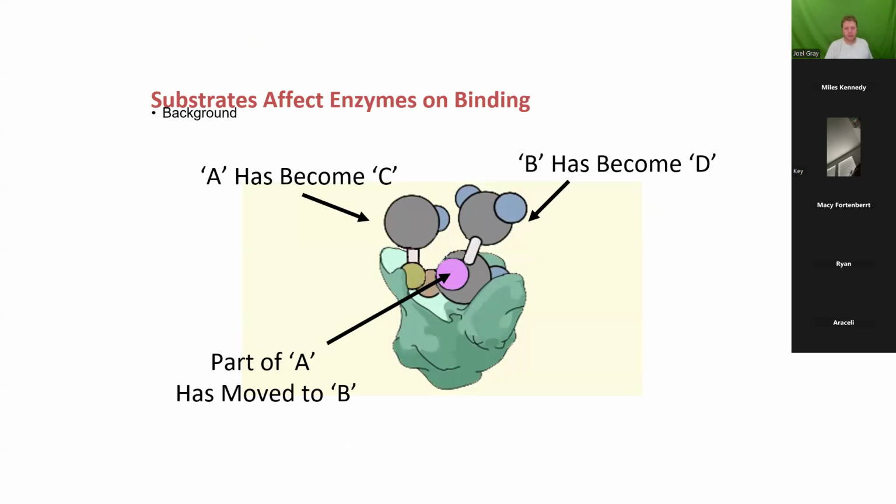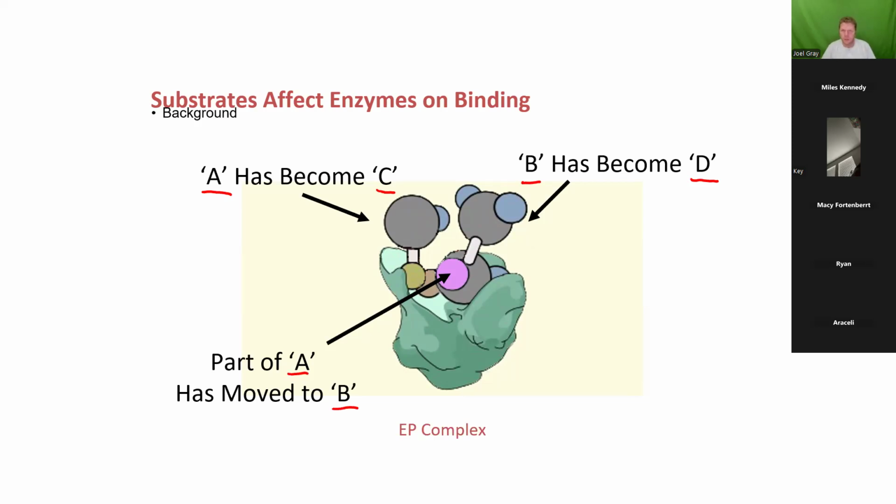Now what's happened here is that our reactants, substrate A and substrate B, have undergone a change. Substrate A becomes product C. Substrate B becomes product D. What we're seeing is that part of A has moved to bind to part of B. So this is our EP complex.